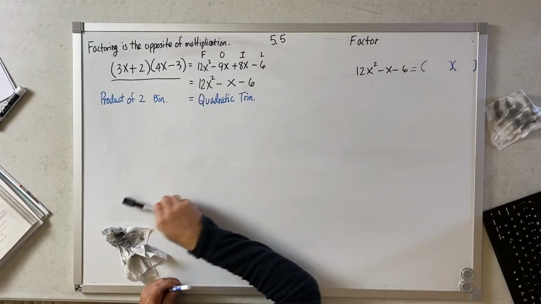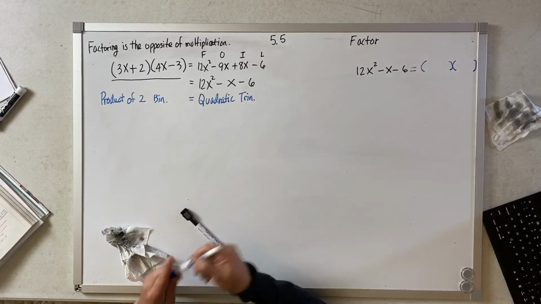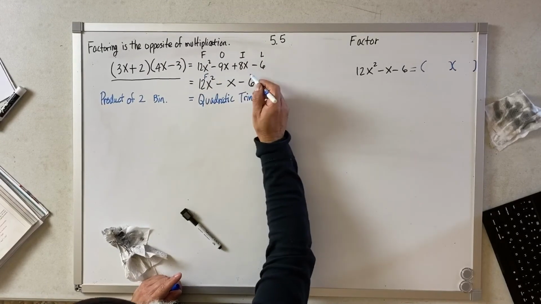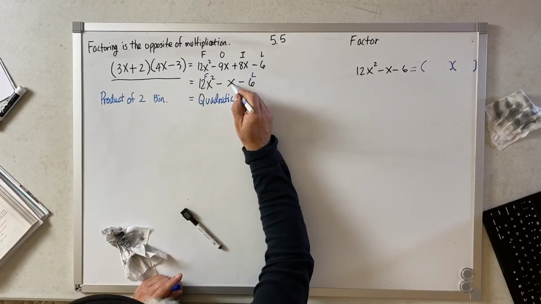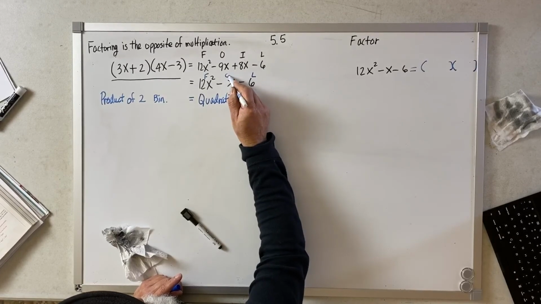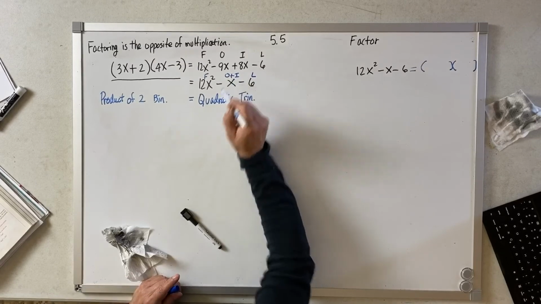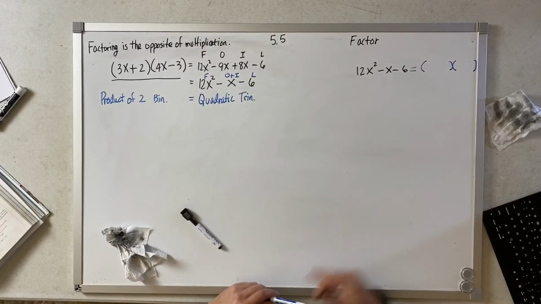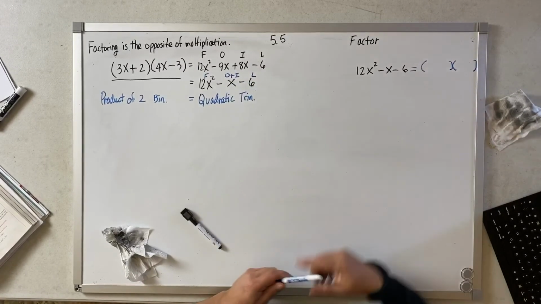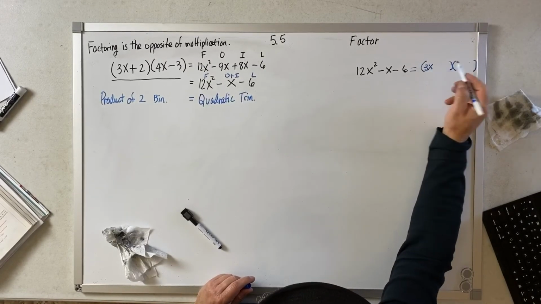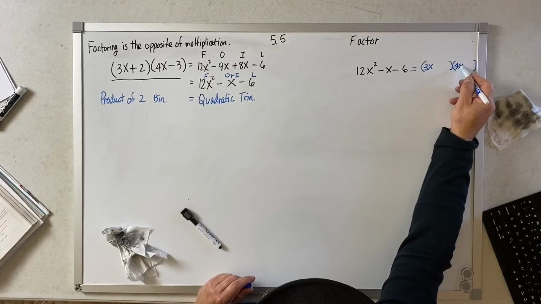And note, this one here is first, this one is last, and this middle one here is outer plus inner, the middle one. So this times that is first. So I'm going to say this 3x and 4x.